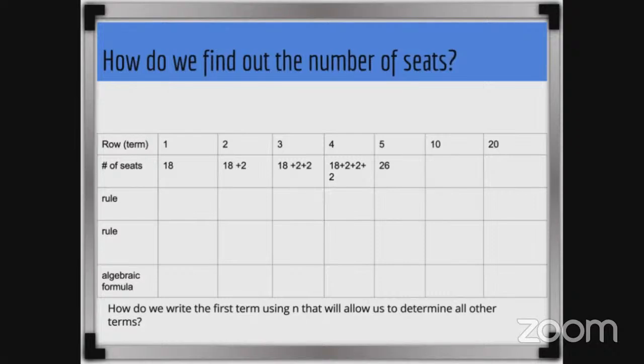I want you to look at how the 2 is being added each time. It is not being multiplied, I can say that. It is more of a number line jumping thing.